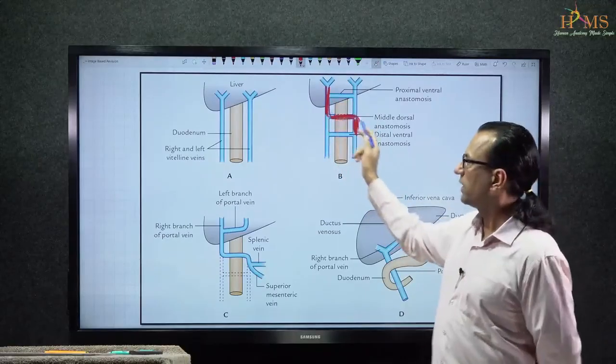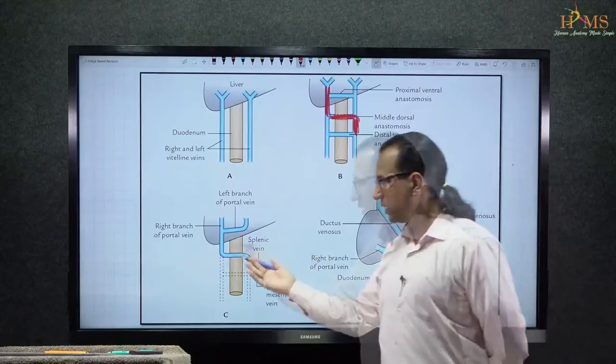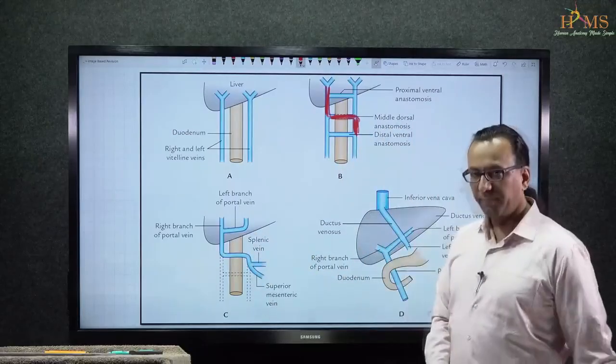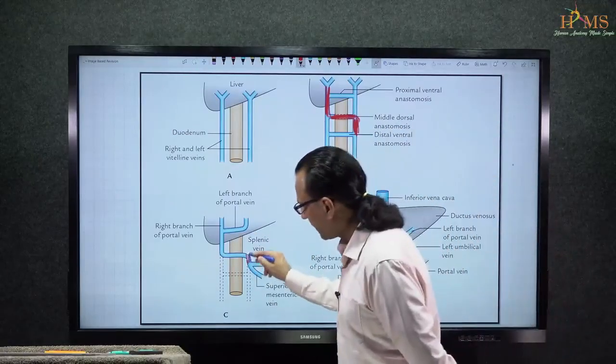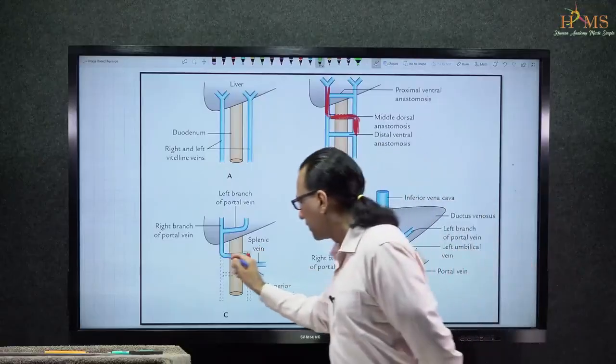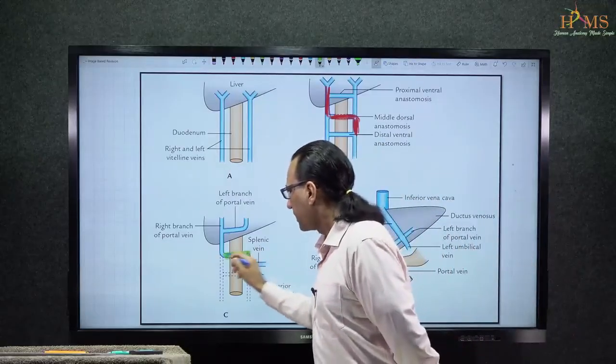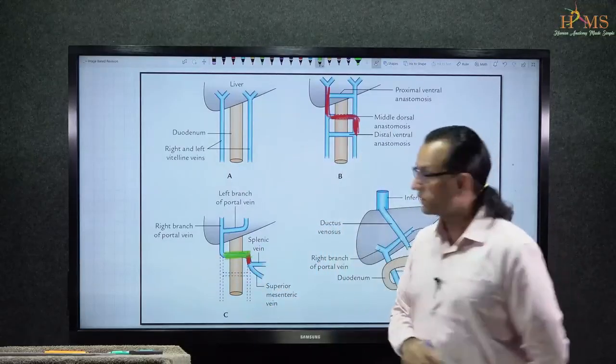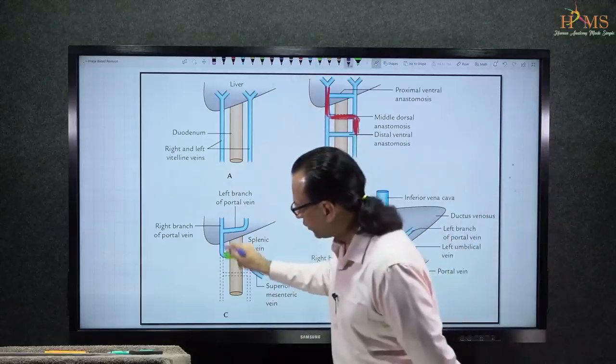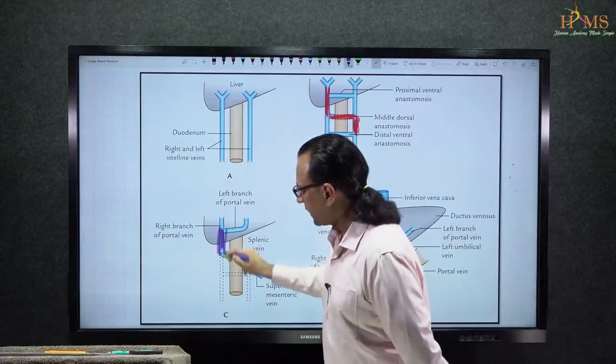So this is the portal vein, with three components which you can make out again here: minimal contribution from the left Vitelline vein, significant contribution from the middle dorsal anastomosis, and major contribution from the right-sided Vitelline vein.